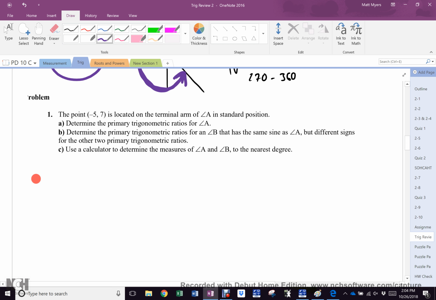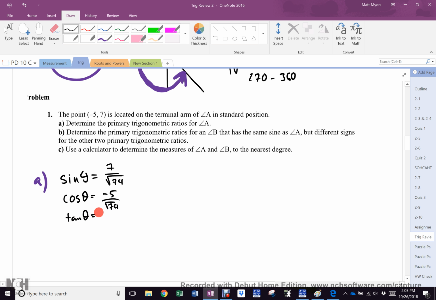A. This is the exact same question as the first question, right? I'm only going to give you 1 mark for it because you've already gotten marks for this. Sine theta is 7 over square root of 74. Cos theta is negative 5 over root 74.